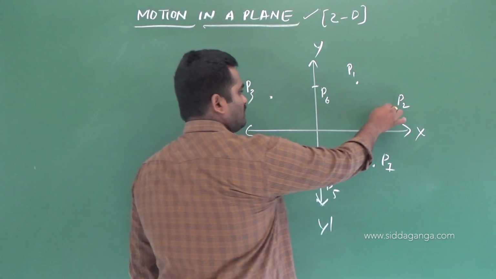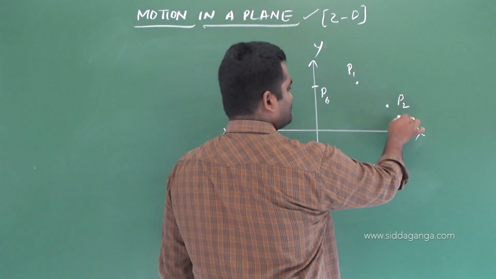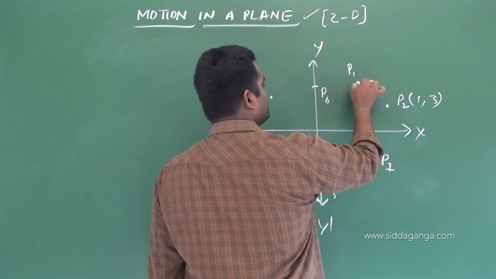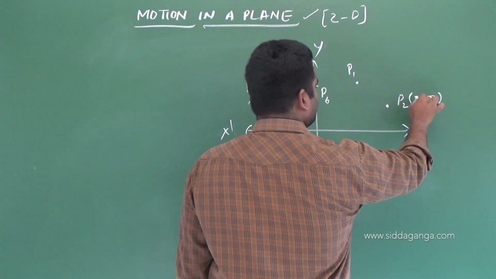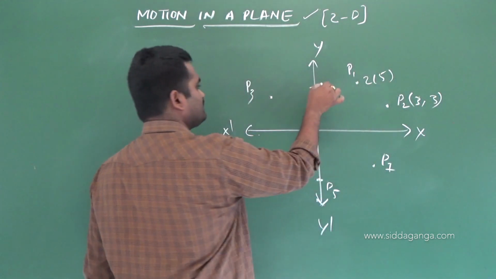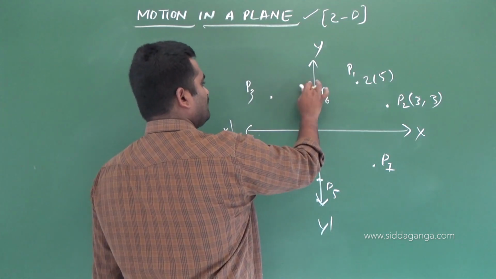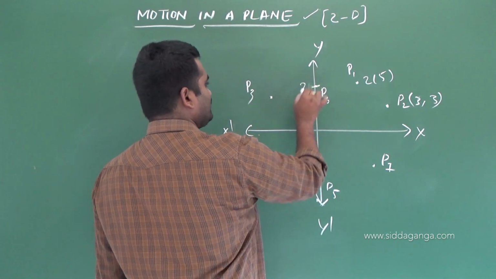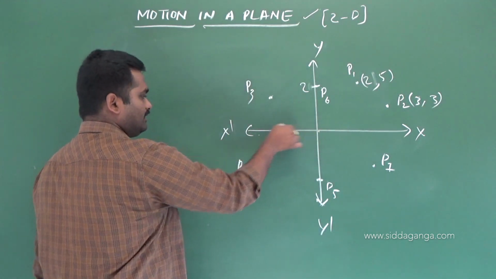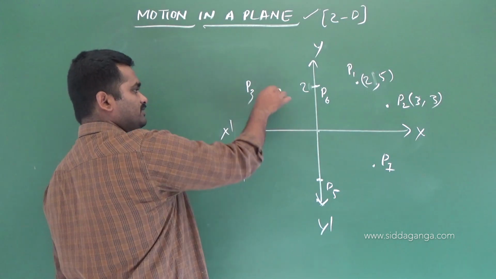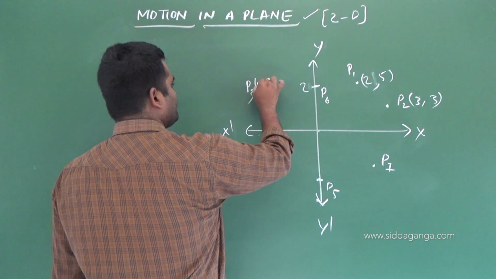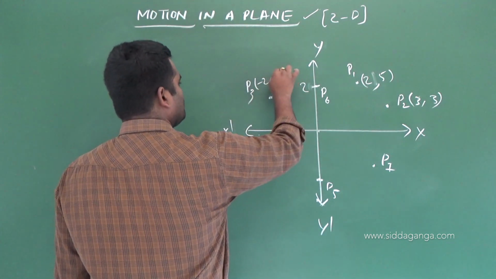I am going to take some arbitrary numbers here. Let us say this point P2 is 1 comma 3, or 3 comma 3. This one is 2 comma 5. Point P6 on the y axis is at a location of 2 meters. Then on the negative x-axis there is a minus x value and a positive y value. P3 I will take as minus 2 comma 1.